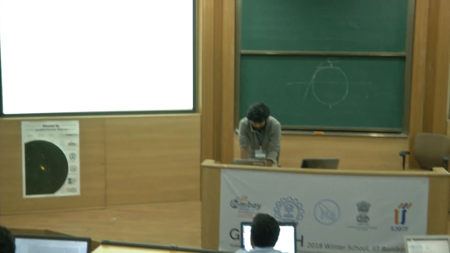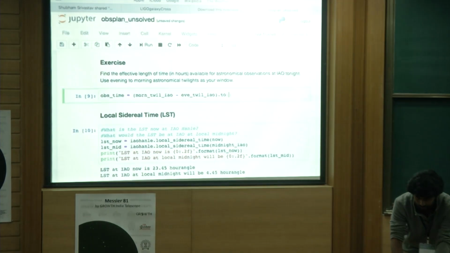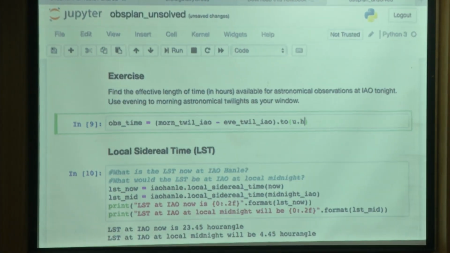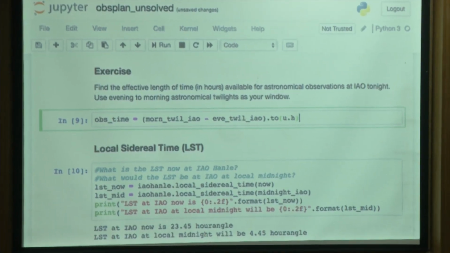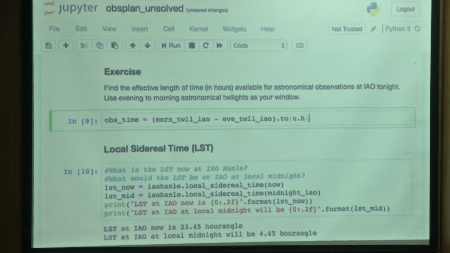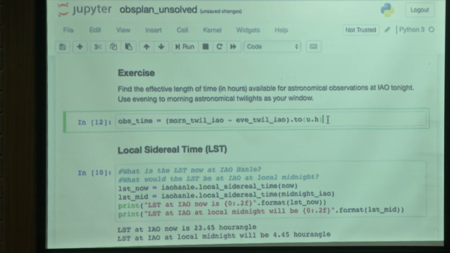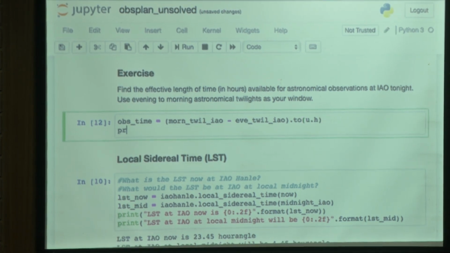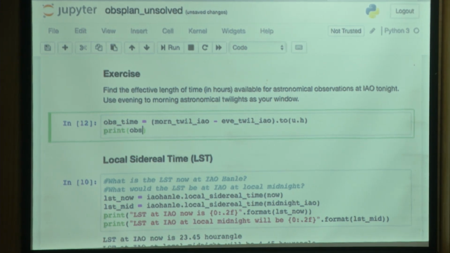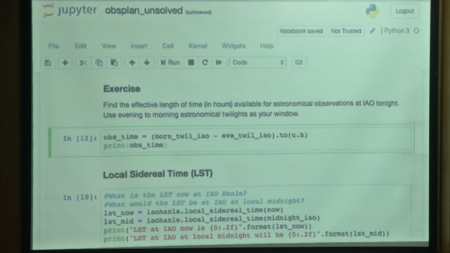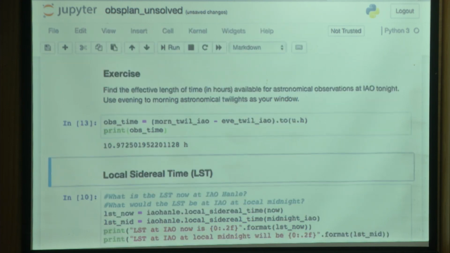So we'll just convert it to hours. Okay. Yeah, so around 11 hours of observations. It's pretty good.